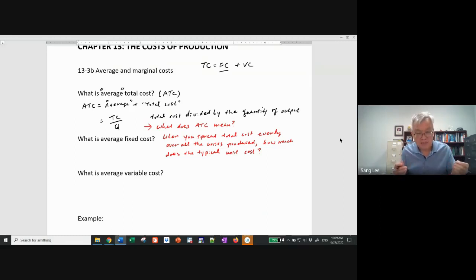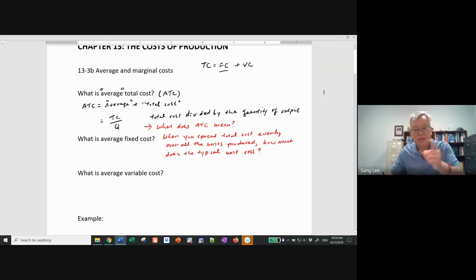And what average total cost tells us is when you spread total cost evenly over all the units produced, then how much does the typical unit cost? That is the meaning of average total cost.